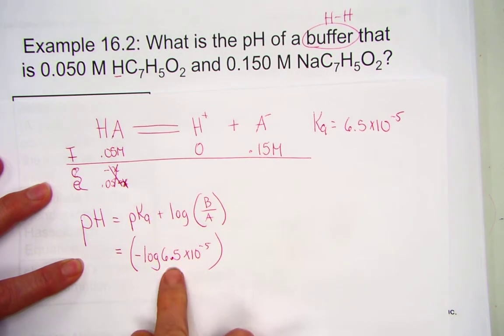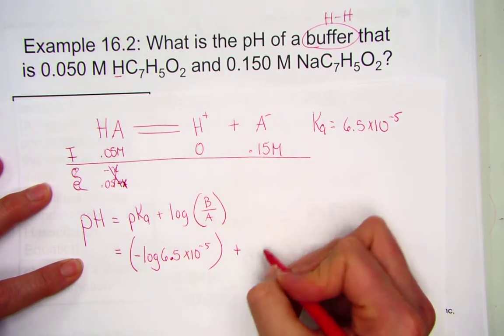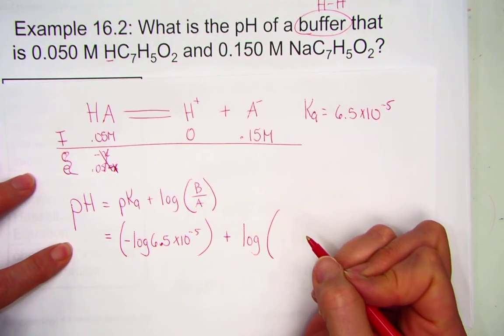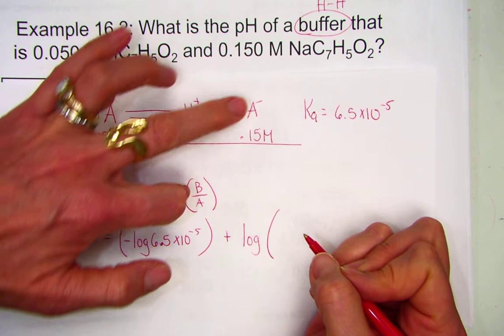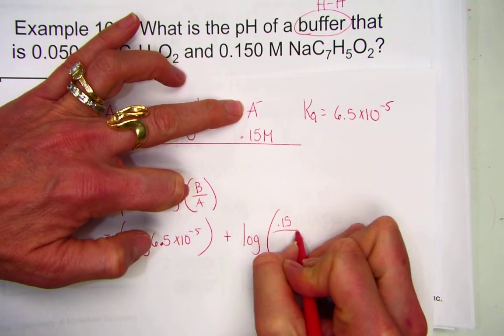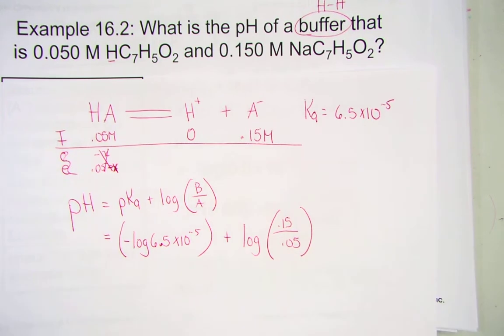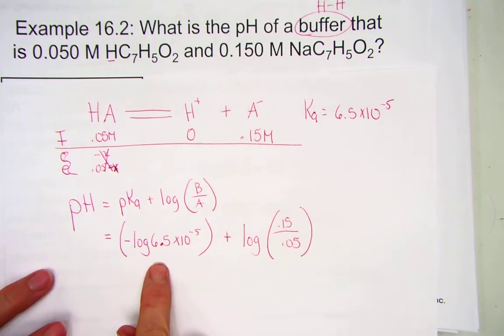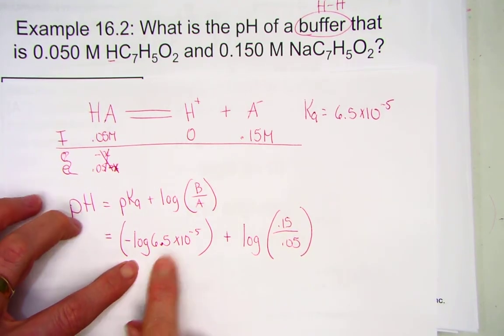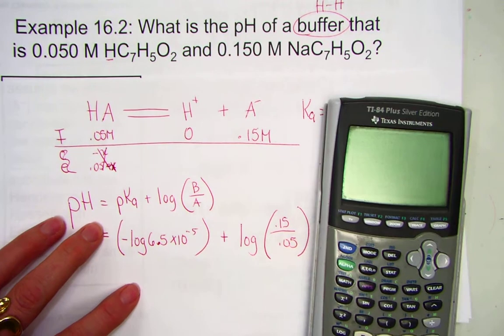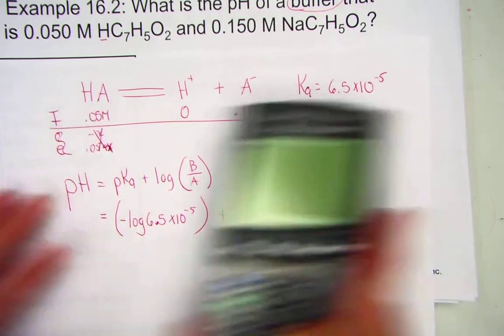That's the pKa, plus the log of the ratio of base, 0.15, over acid, 0.05. pH is negative log of Ka, that's the pKa part, plus the log of the ratio of base over acid. Let's get a common answer, and then check our work.